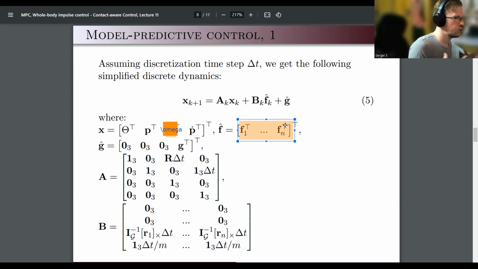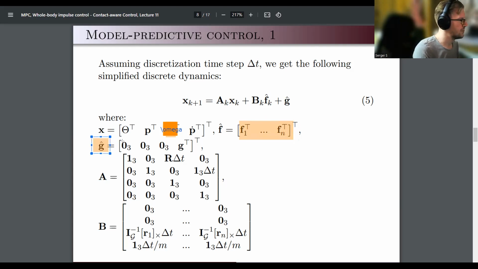Let's say you have 4 feet on the ground, it will be 4 reaction forces, F1, F2, F3, F4. They are, of course, different on each time step. So those forces will change on each time step, right? G here is just a vector of zeros and gravity, the gravity acceleration, which is 9.81.